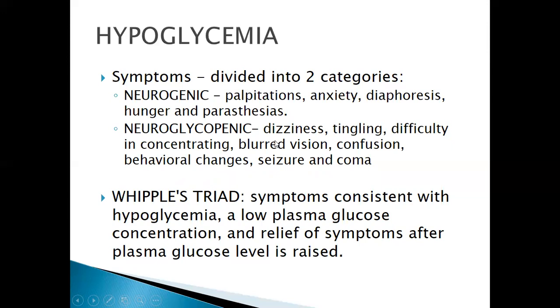Second, on CBG determination, particularly we just use capillary blood, there is a glucose level below 70. Third, upon intravenous administration of any glucose form, there is noted disappearance or relief of the symptoms, thus fulfilling the Whipple's triad.